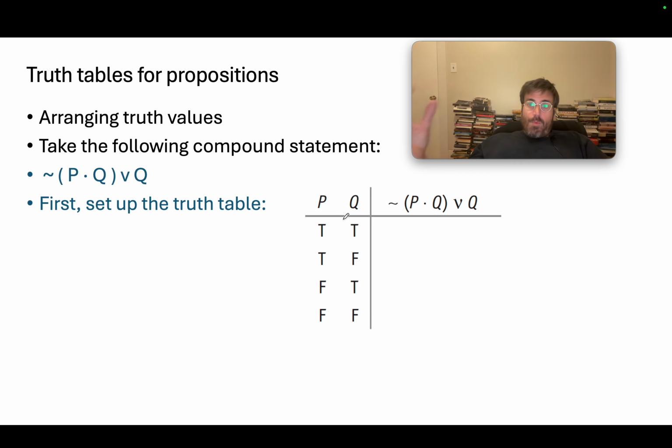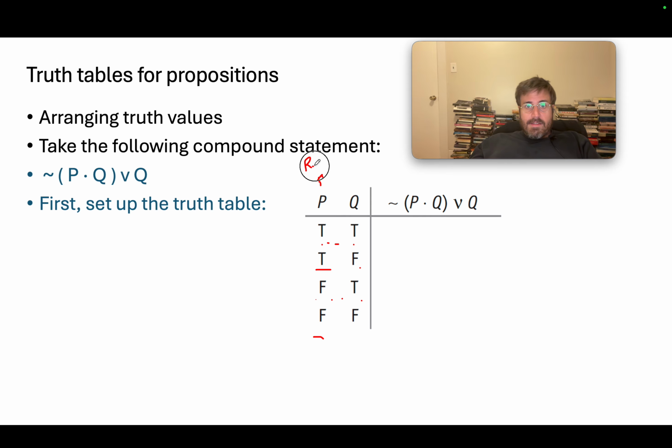And remember how we break down the possible truth values for those variables. We have 2 rows that are true and 2 that are false. Then under Q, we split in half those 2 values such that we have alternating true, false, true, false. Okay?